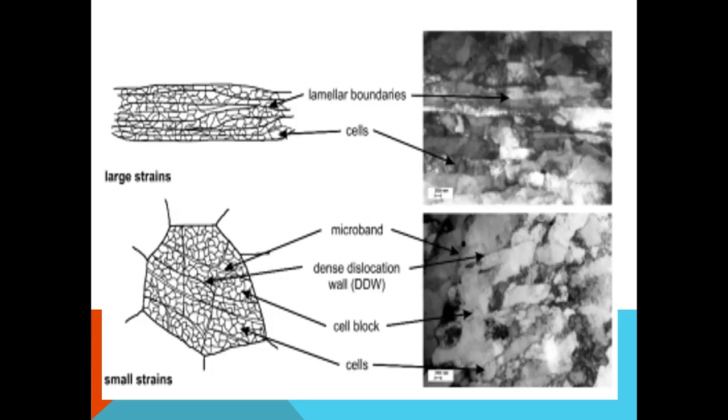When the microstructure is subjected to high strains, more corrosion can occur than in materials subjected to small strains, because high strains produce stress concentration in the microstructure.